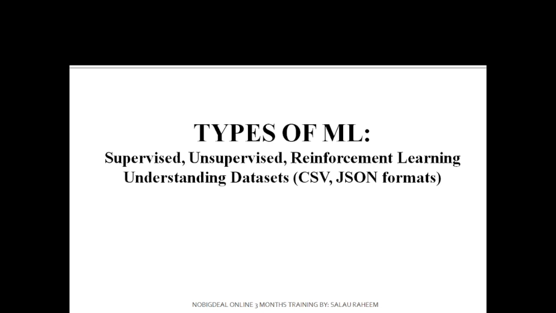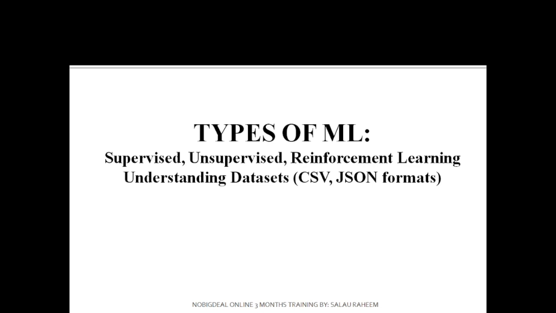We have already known the size, the location, and the number of rooms. So supervised learning learns from the labeled data. The algorithms we use for this are linear regression, decision trees, and neural networks.